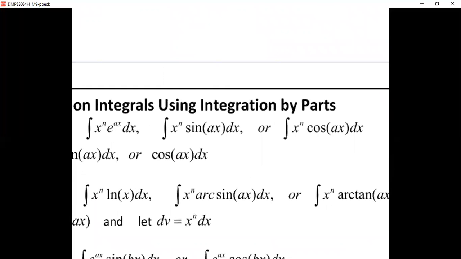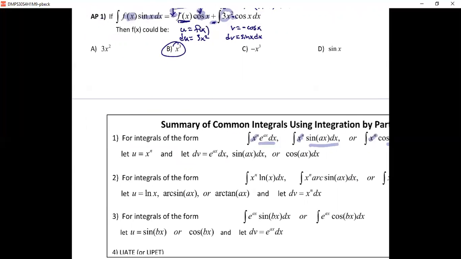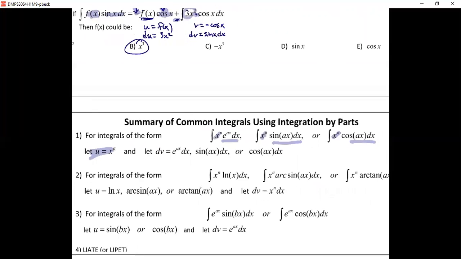If you noticed these three problems, remember x to the nth. If I have x to the nth and e, sine or cosine, sine and cosine never go away, but eventually we can get that polynomial down to 0 if we do integration by parts often enough. So we want the polynomial to be u. So u would be the polynomial in a situation like that.